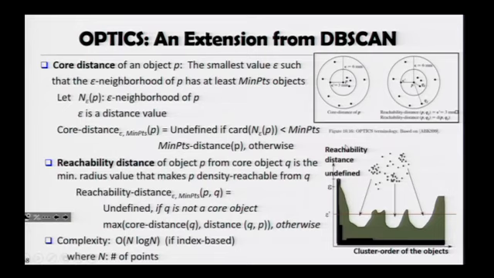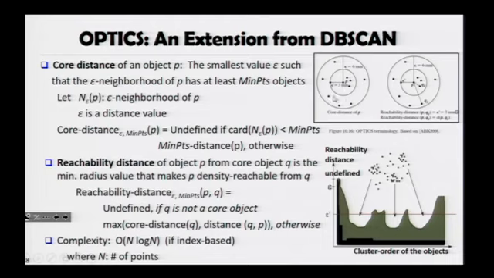Taking the figure on the top right as an example, the core distance is the smallest value epsilon such that the epsilon neighborhood of the point P has at least MinPts objects. If we take P as the starting point and set the minimum points as 5, you can draw many different epsilon neighborhoods, like epsilon prime as 3, or epsilon as 6.